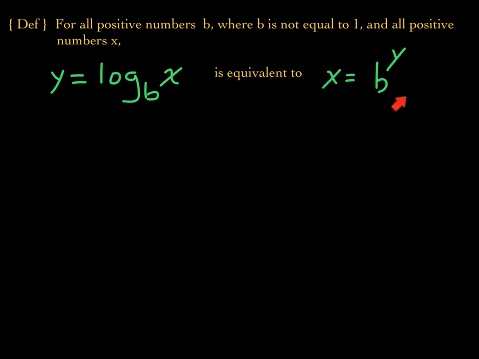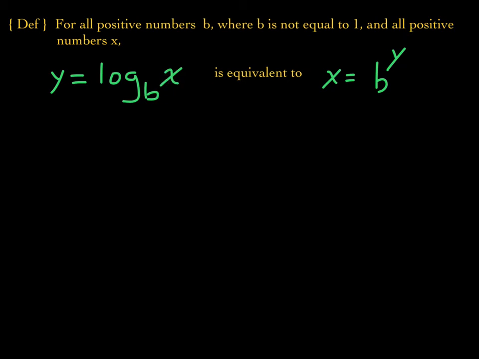Remember, we talked about this in an earlier lesson. The base of an exponential function has to be positive for reasons that we mentioned in an earlier lesson. So because the base is positive, it's the same as this base for the logarithm, so the base, therefore, by default, must be positive. Not only that, it must not equal 1, and x must be positive as well.